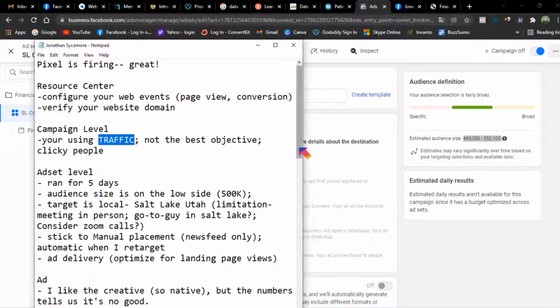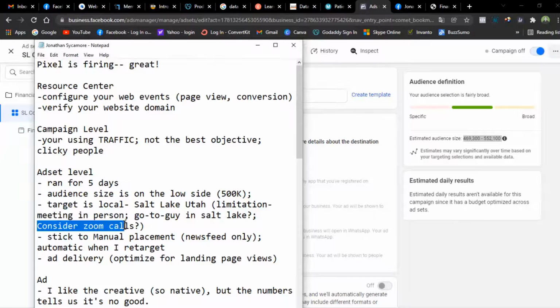That's to find people that you want for your specific goal. But I understand that your target is a specific location, which is Salt Lake, Utah. So I guess that's a limitation, and I don't know why, because maybe you want to meet people in person.